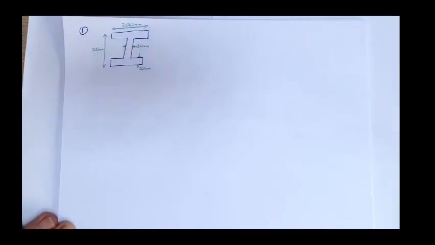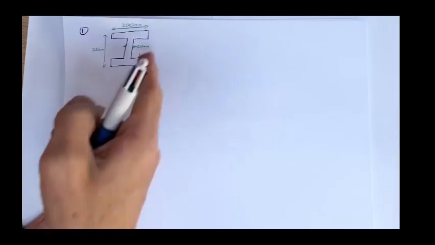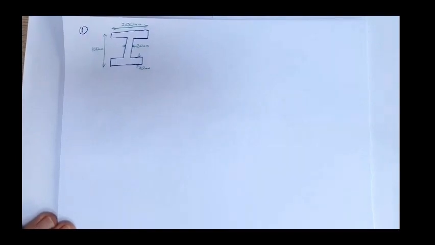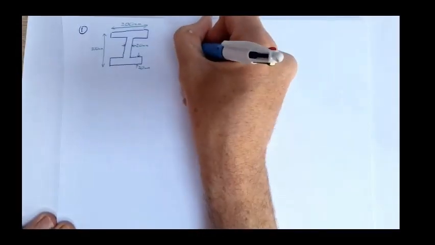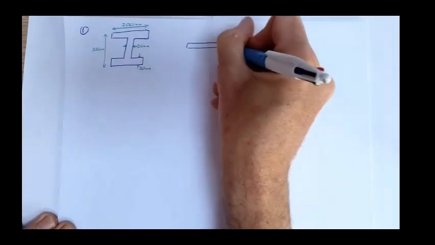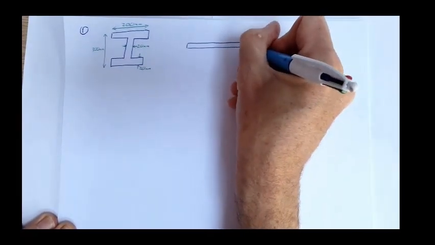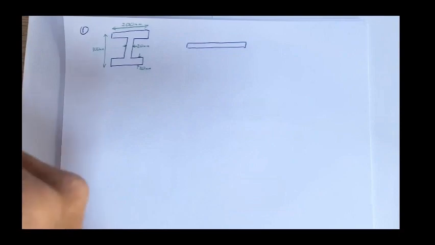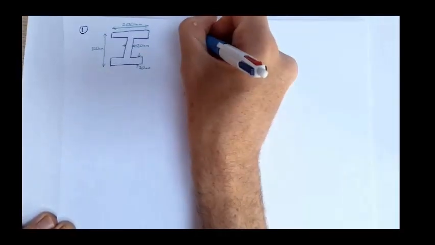This is a simply supported beam over a span of 7 meters. So that's my cross section. If I look at how this beam is being used, there's my I-beam. It is 7 meters long.